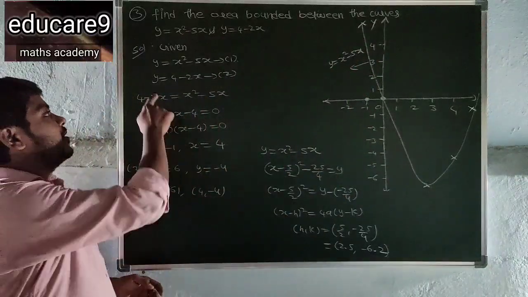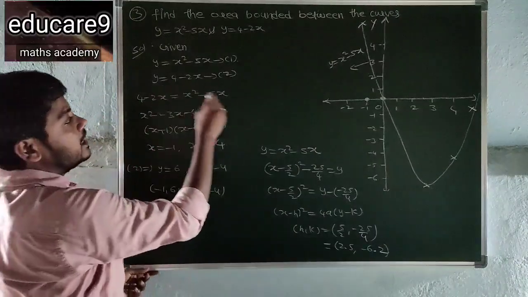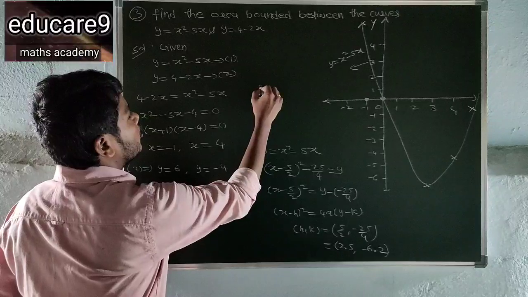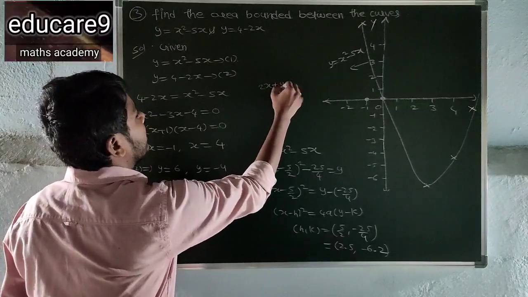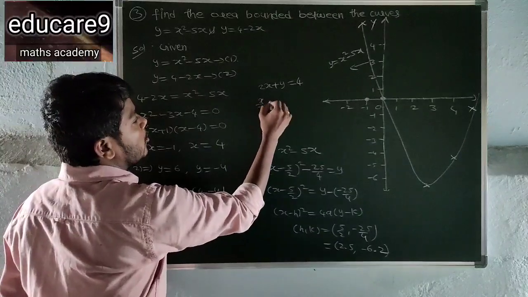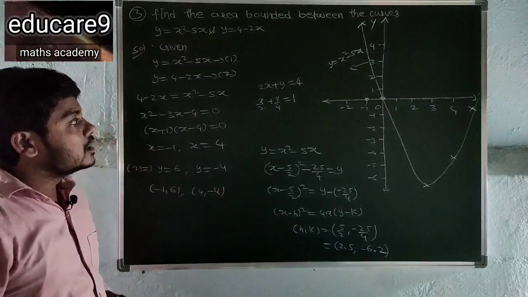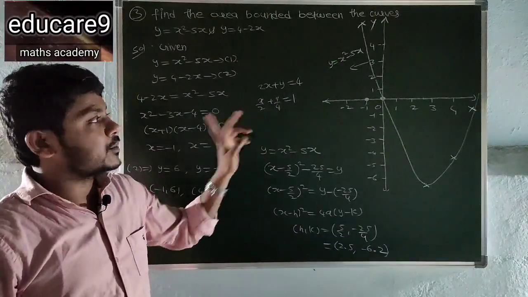Now draw the graph of y is equal to 4 minus 2x. So clearly the second equation, 2x plus y is equal to 4. This is x by 2 plus y by 4 is equal to 1. So clearly x-intercept 2, y-intercept 4.